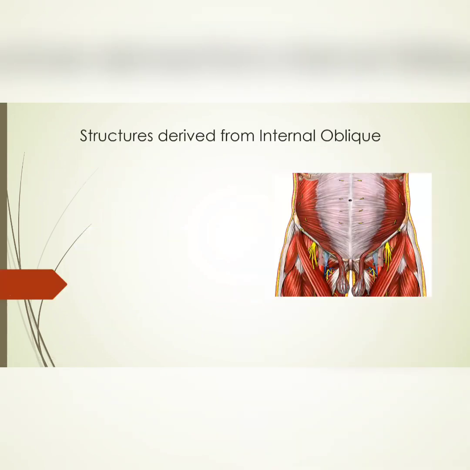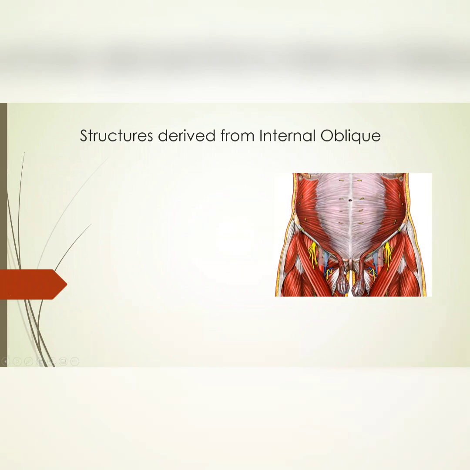What are the structures derived from the internal oblique muscle? If you can see in this diagram, these are the fibers of internal oblique in the abdomen. And we can see that a few muscle fibers are traveling along the spermatic cord.